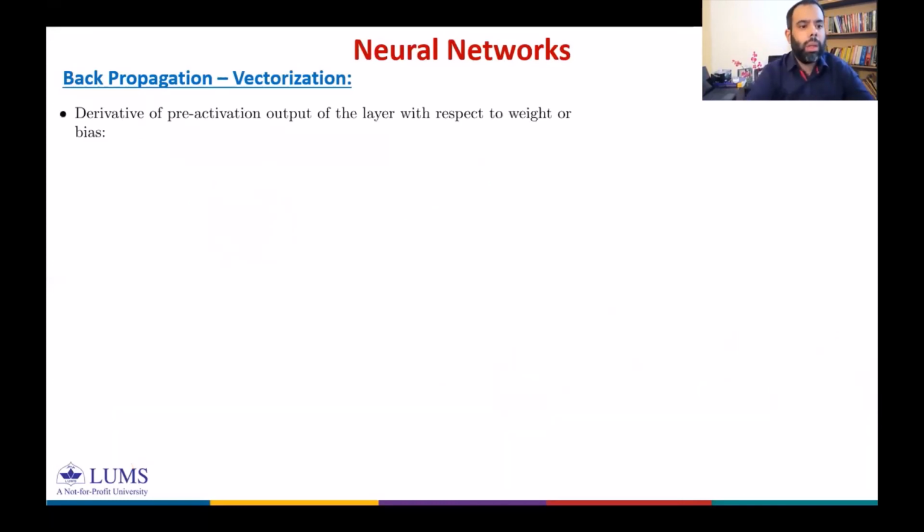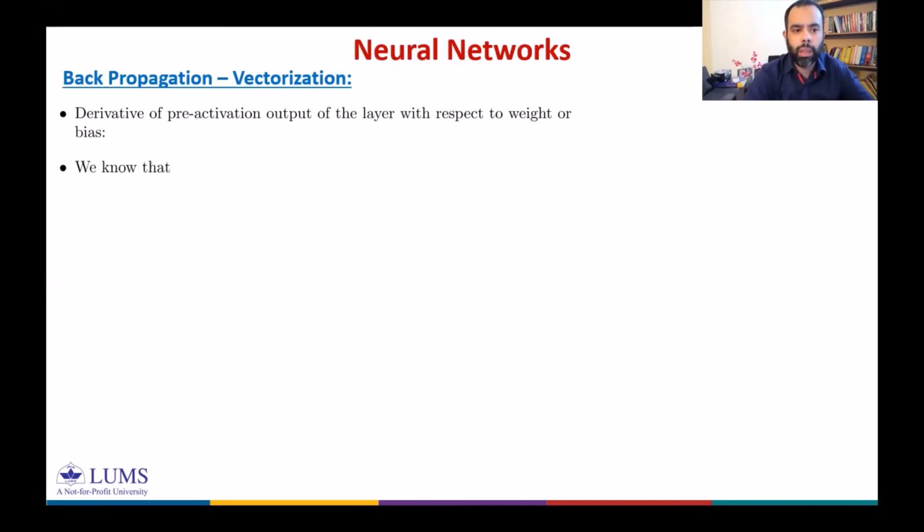Now we want to compute the derivative of the pre-activation output of the layer with respect to weight or bias, and this is super simple. If you recall, we started with the idea that we should be able to compute the derivative of the loss function with respect to the pre-activation output, and the derivative of the pre-activation output with respect to weight and bias. We have computed the first, Z^L, and now we want the derivative of the pre-activation output with respect to weight or bias.